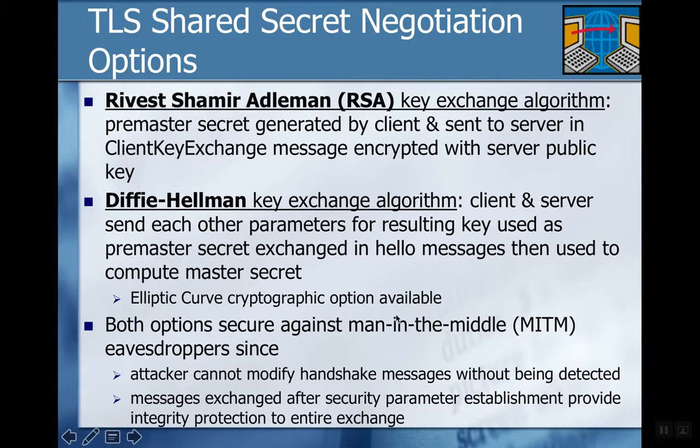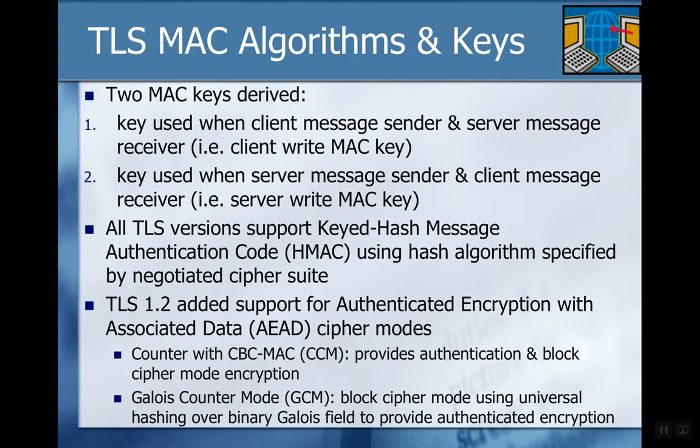Both of them are designed specifically to deal with things like the man-in-the-middle attack. It also has the ability to use a MAC key, basically taking the MAC address and turning that into a key as well. So there are some additional new features baked into this, which add additional security for your communication.